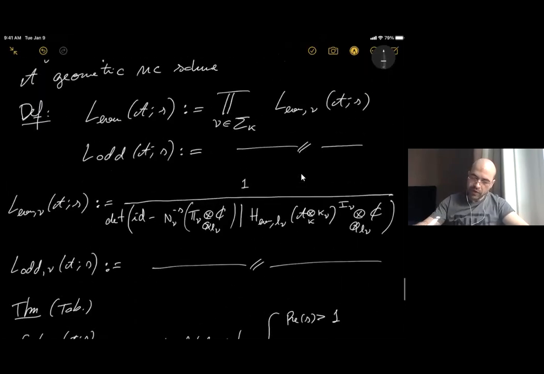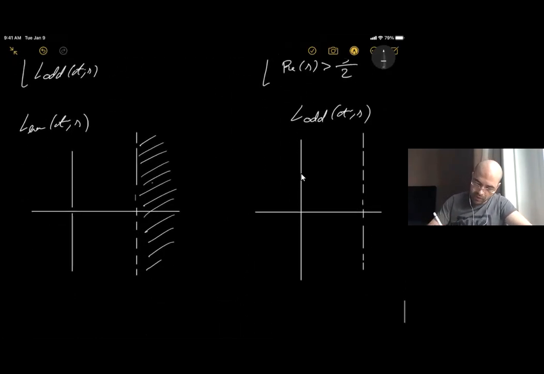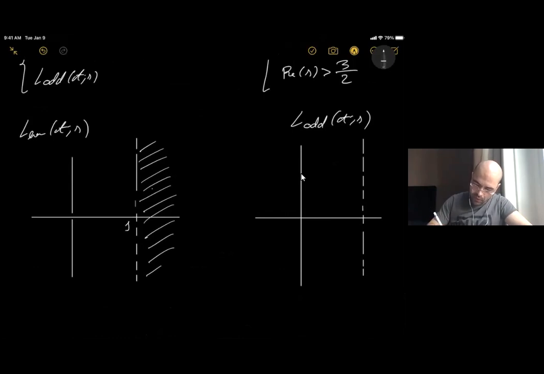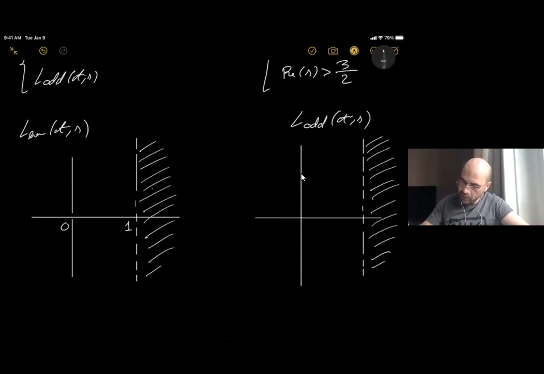I recall that they are defined by this infinite product. This infinite product converges in this half plane region, where here it's 1, here it's 1, here it's 0, and this one also is well defined here where this is 3/2 and this is 0.